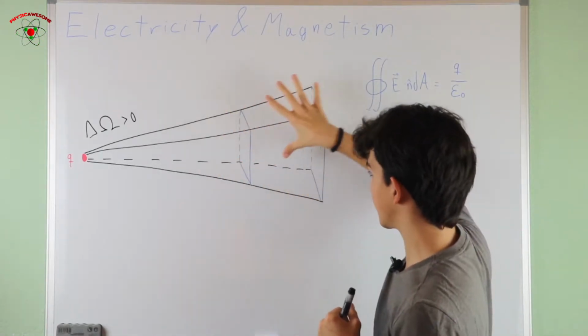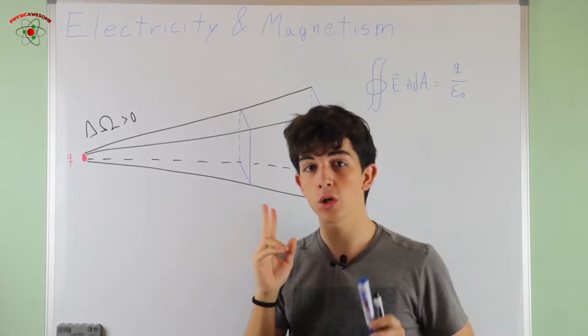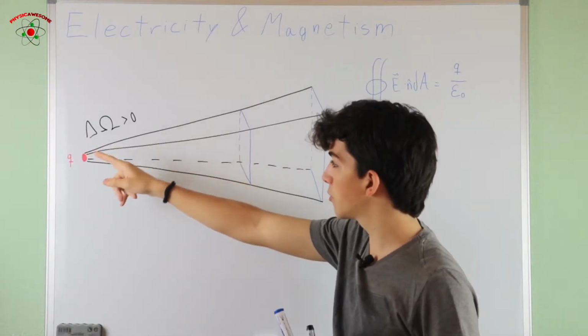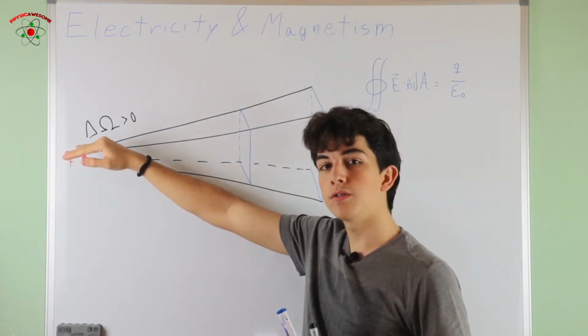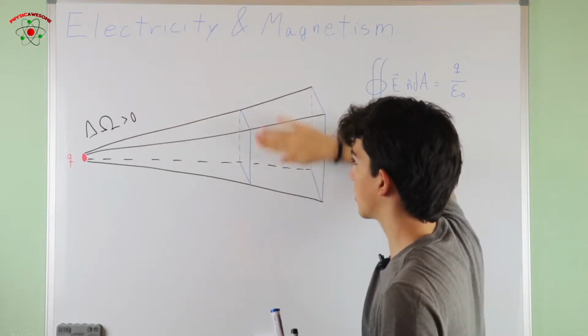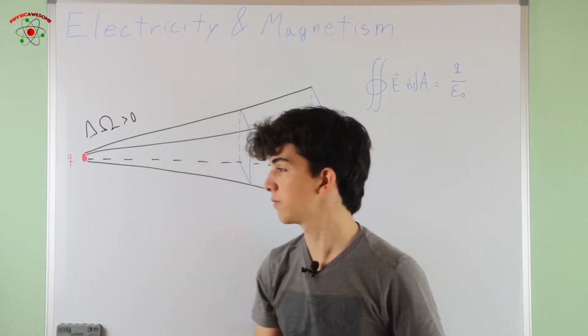So this is the surface. We're going to have two important sides because electric field is not going to be perpendicular to the surface in this part, nor this part, nor that one, nor that one. So we only need to consider the blue surfaces.